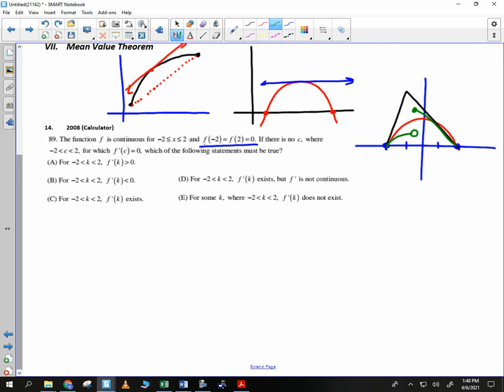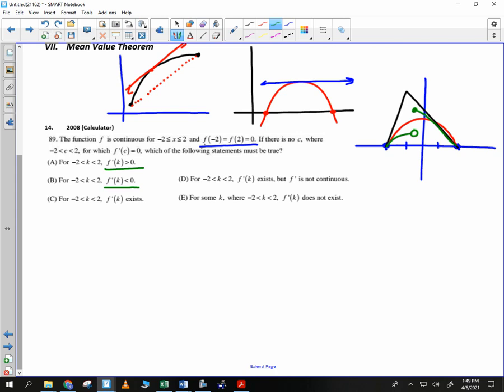Is there a spot for the red where the derivative is 0? Yeah. Is there a spot for the black where the derivative is 0? No, there's not. So it's probably something more like the black one. And it says, which of the following statements is true? Does the derivative always have to be greater than 0 as you look at the black? No. Is the derivative always less than 0?